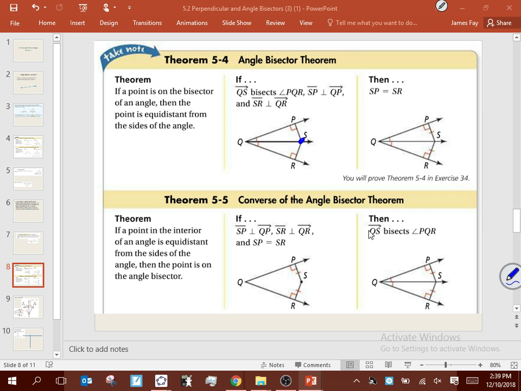The converse is also true, meaning if I find myself to be equidistant from two sides, two rays of an angle, then that means I must be on the angle bisector of that angle. We don't use the converse all that often. It does pop up every once in a while, but the angle bisector theorem is more prevalent, more used as we move on. That's the one I want to target today for the most part.